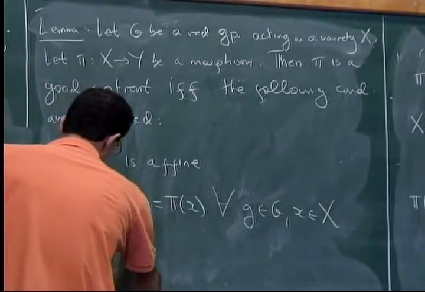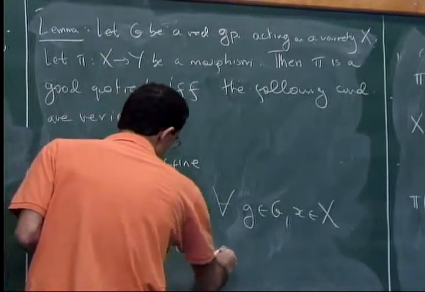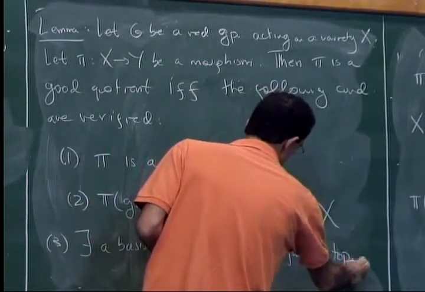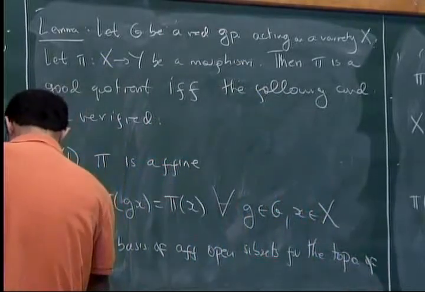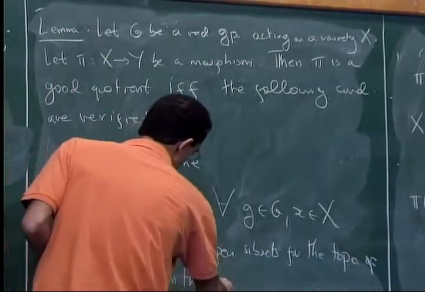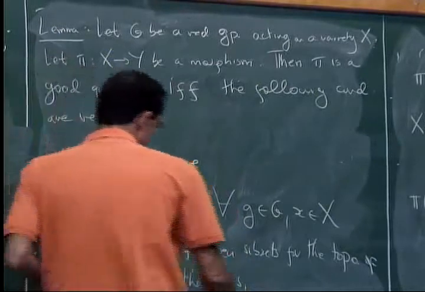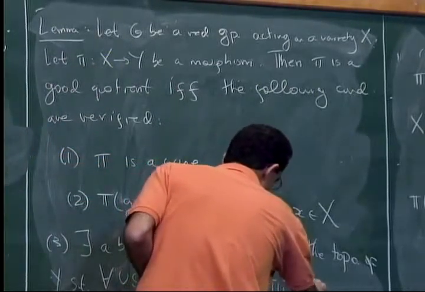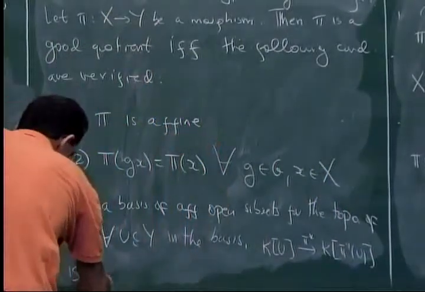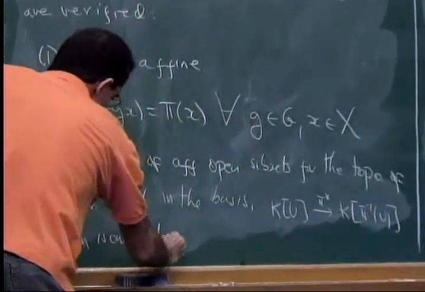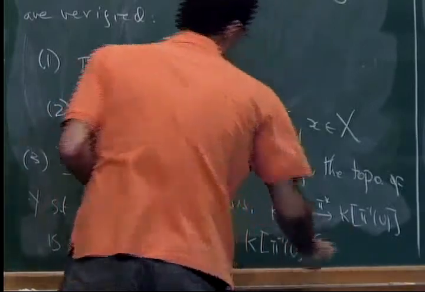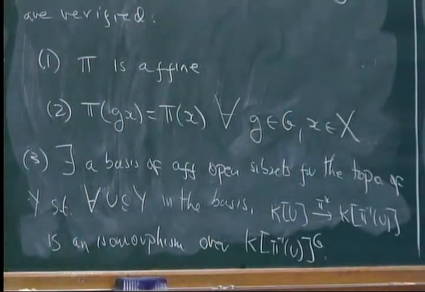So there is a basis of affine open subsets for the topology of Y such that for every U in this basis, the induced map is an isomorphism over the invariants.